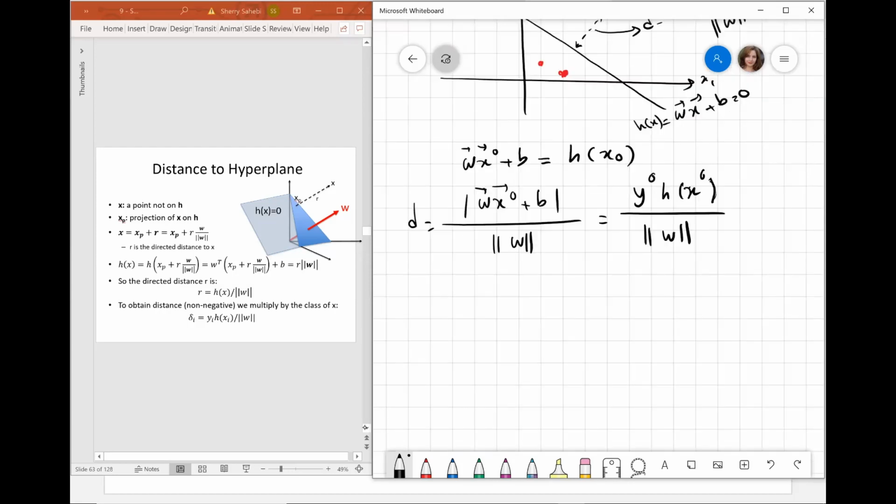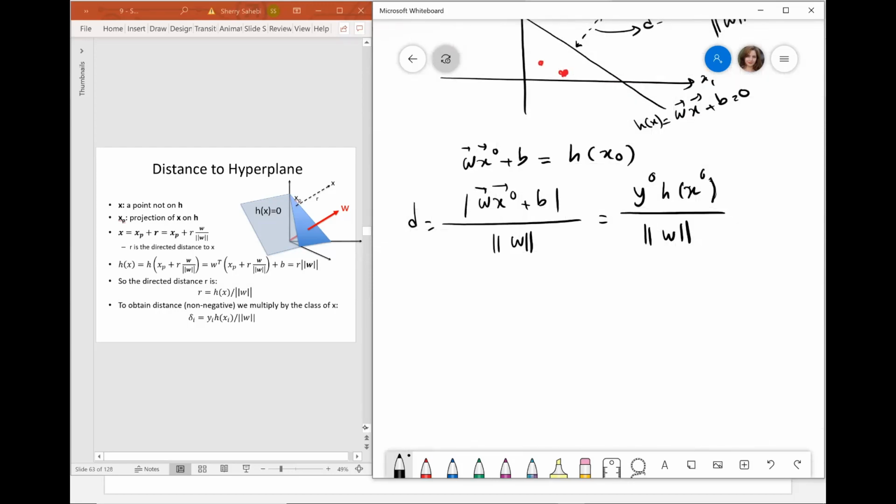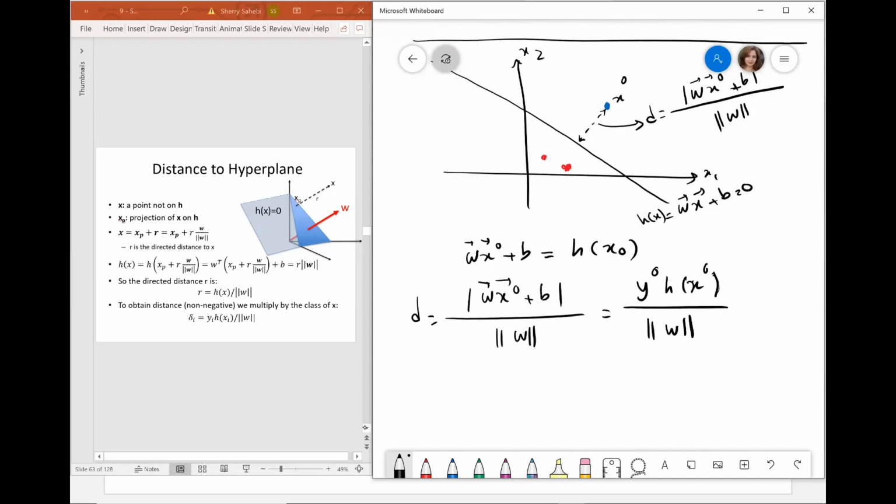We can also calculate it another way. So if I have x0 there, the distance that x0 has with this separating line is actually going to be equal to the length of this part. What is this part?